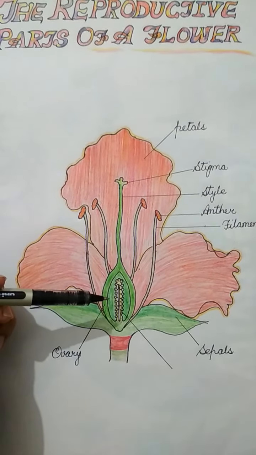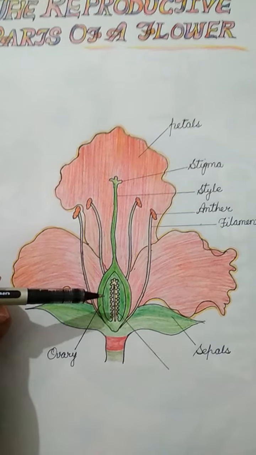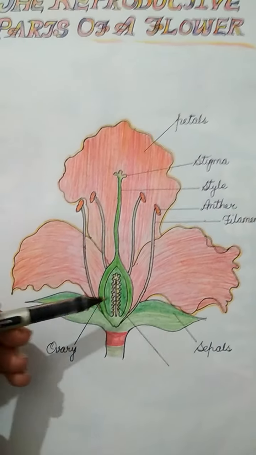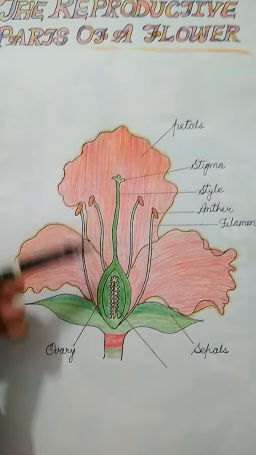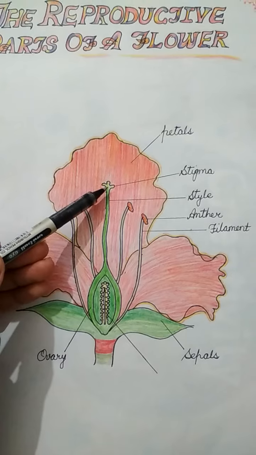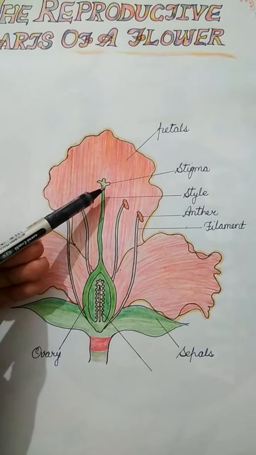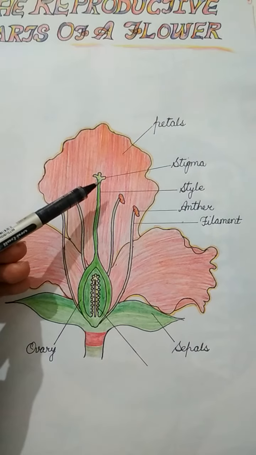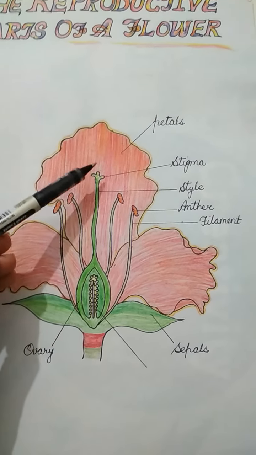The female part is generally broader at the base and tapers at the top. The lower broader part is known as ovary, the central tapering part is known as style, and the upper part is known as stigma. This stigma is sticky in nature.